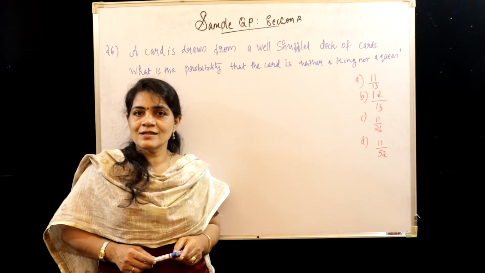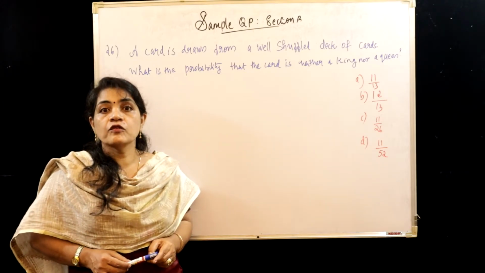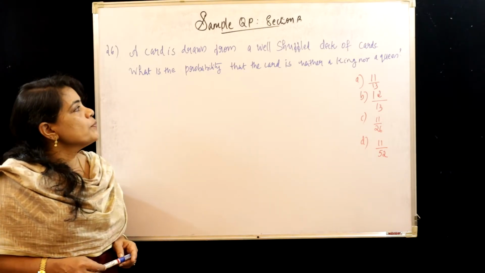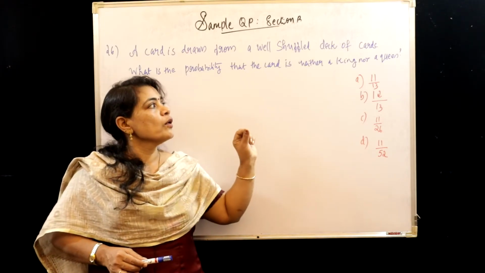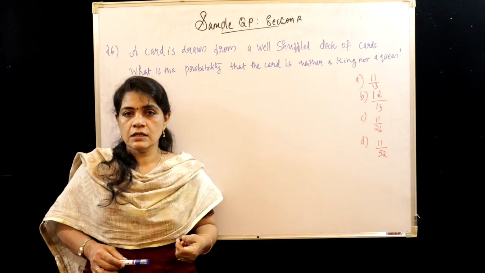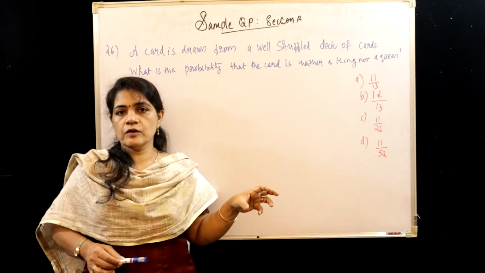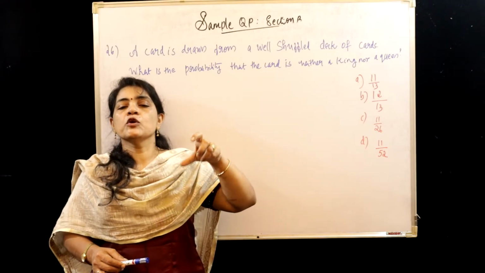Next is the 26th question. A card is drawn from a well shuffled deck of 52 cards. What is the probability that the card is neither a king nor a queen? Neither a king nor a queen means the card which we are taking from the 52 cards cannot be a king and cannot be a queen.